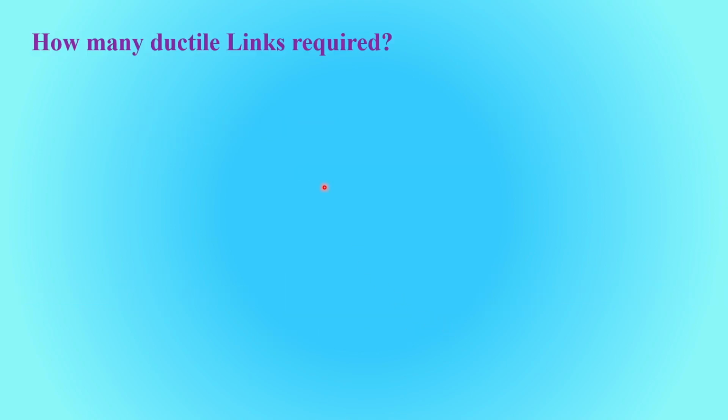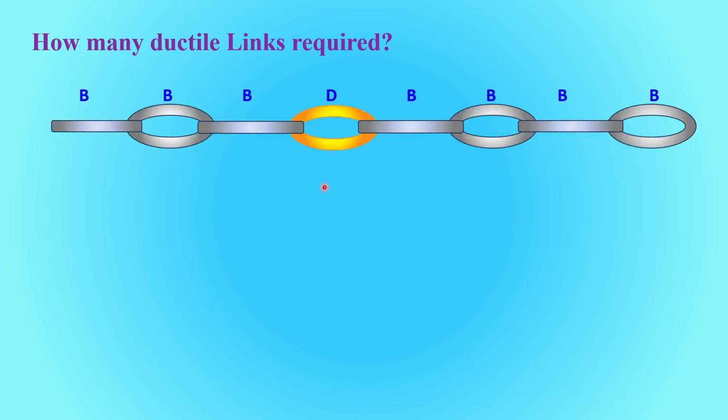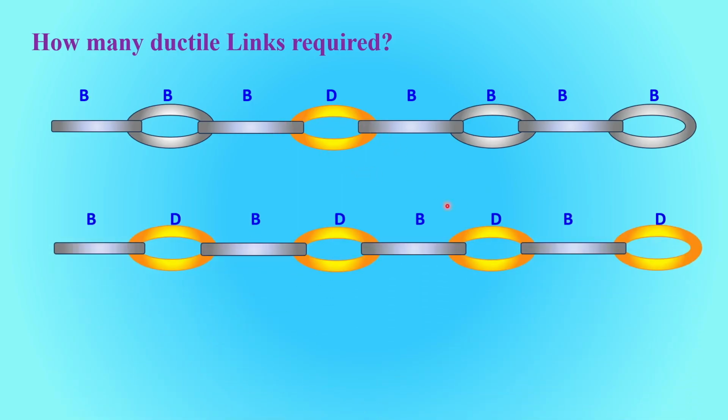Now the question is how many ductile links you shall put, because the gold is costly. So how many ductile links, that is the natural question. In this case, B is showing the brittle links and D is showing the ductile links. So our golden link is ductile in nature. We have put only one ductile link in the system. There can be alternative ductile links as shown in the second figure. So which one is desirable out of that?